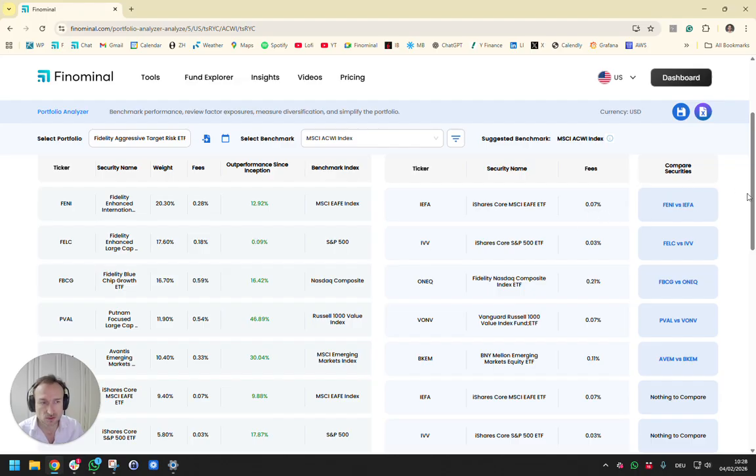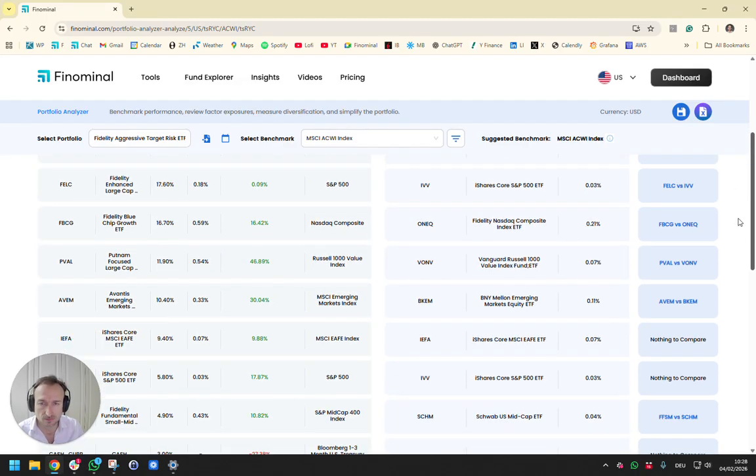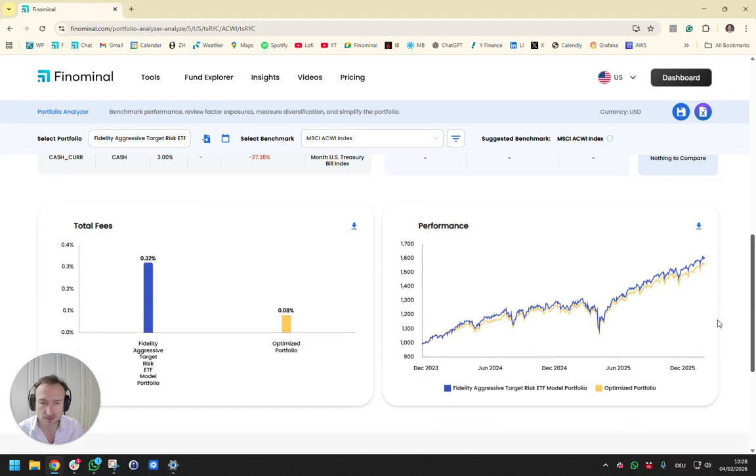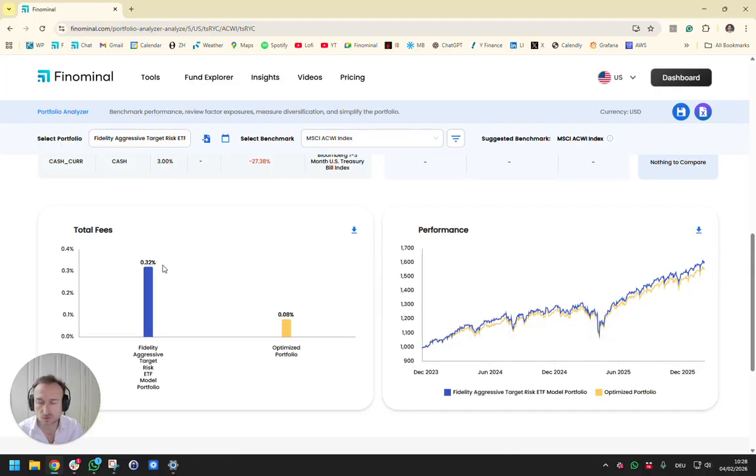And pretty much any position in this portfolio can be replaced with a cheaper benchmark ETF, which would reduce the cost from 32 basis points to 8 basis points. Having said that, actually Fidelity's portfolio has slightly outperformed. So in this case, you could argue that it was worth paying higher fees.